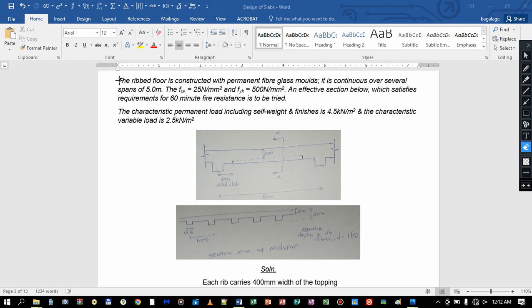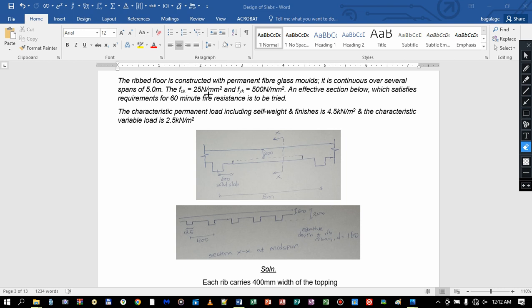I think we have a guide that we are going to follow throughout this tutorial. The question that we are going to be answering goes that the ribbed floor is constructed with permanent fiberglass molds. It is continuous over several spans of 5 meters. So it is a continuous slab.